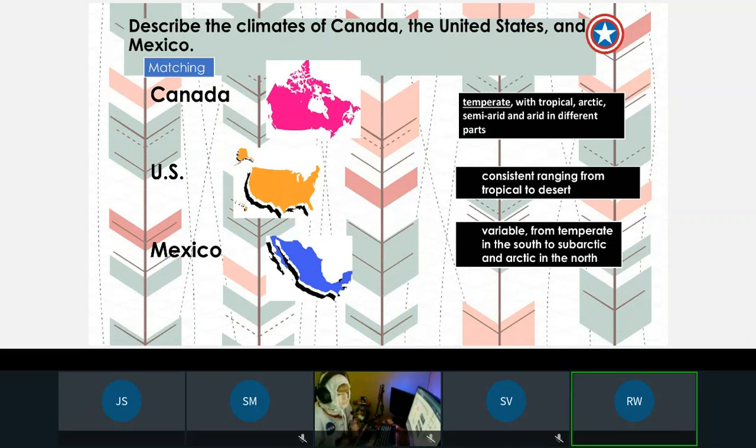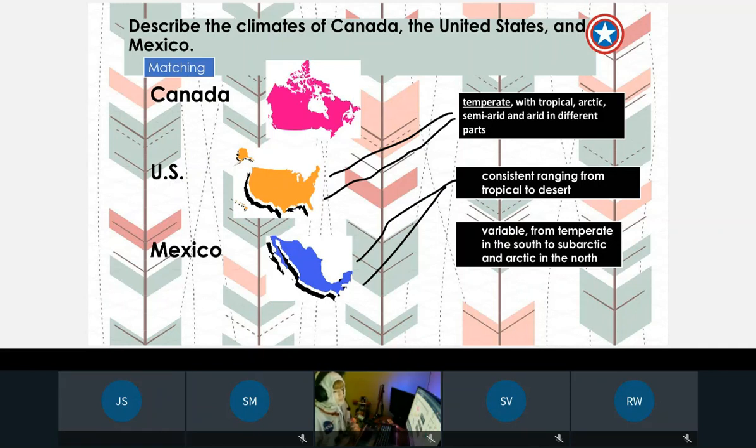Variable from temperate in the south to subarctic and Arctic in the north. So the word is temperate, which basically means that the temperature doesn't change a lot. The temperate climate is in the United States, right? The tropical to desert with consistent climate is Mexico. And the variable from temperate in the south to subarctic and Arctic in the north is Canada.